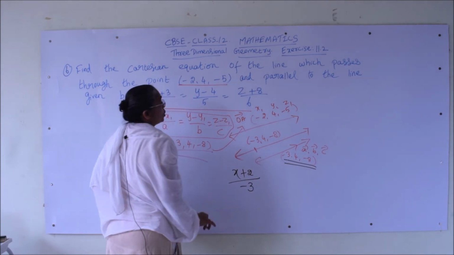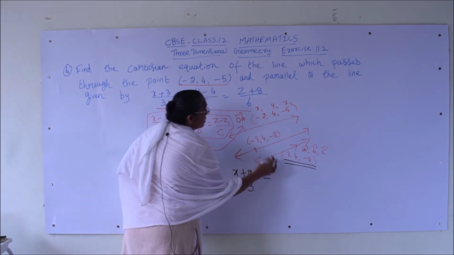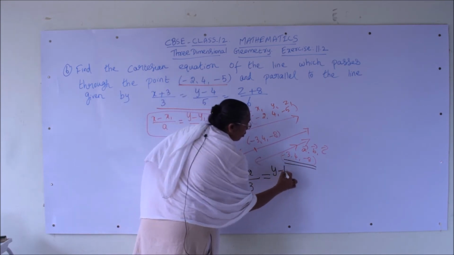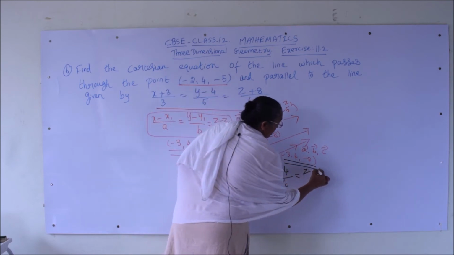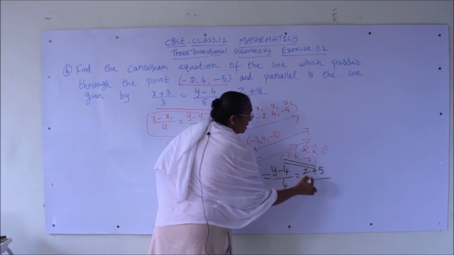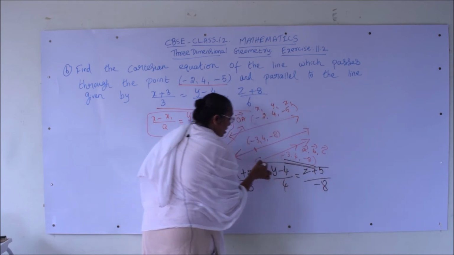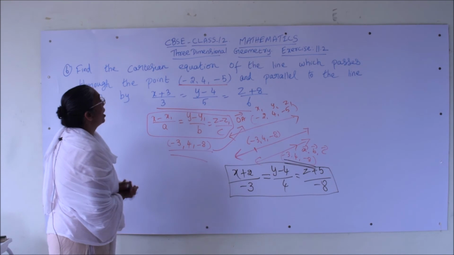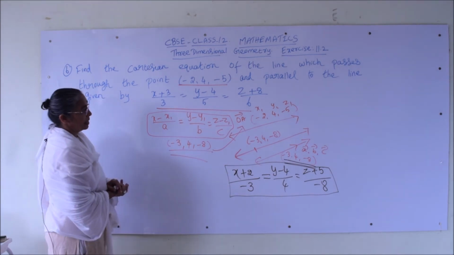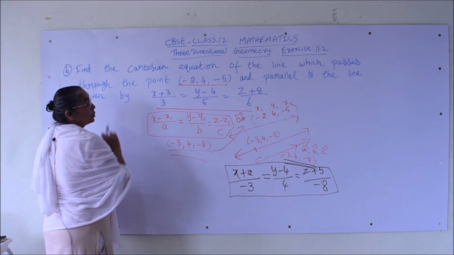So (x plus 2)/minus 3 equals (y minus 4)/4 equals (z plus 5)/minus 8. This is our required Cartesian equation of the straight line passing through the point minus 2, 4, minus 5 and parallel to this line.